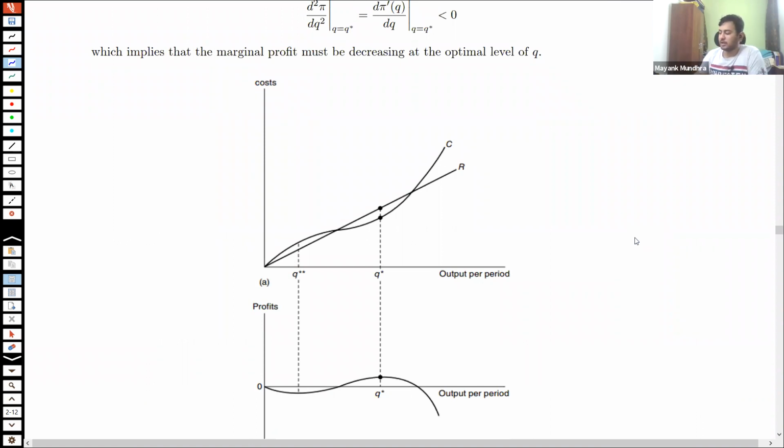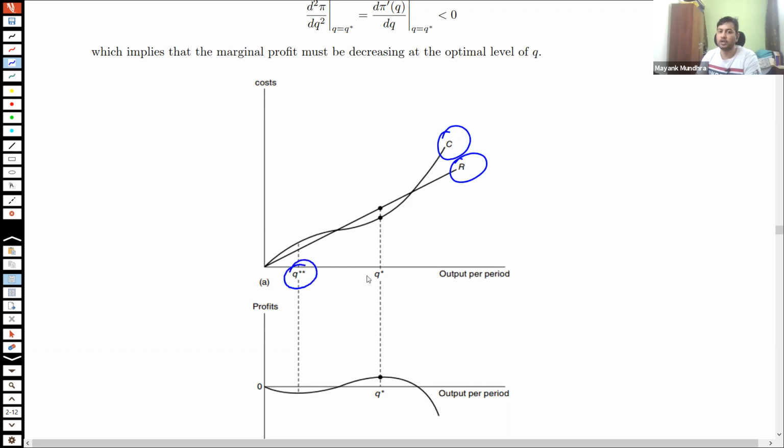So this is some example of, let's say, an MR equals MC curve, right? So what I'm going to do is basically the slopes of these two things are going to be equal. MR equals MC. So when I look at it, the slopes of the cost curve and revenue curve are equal.